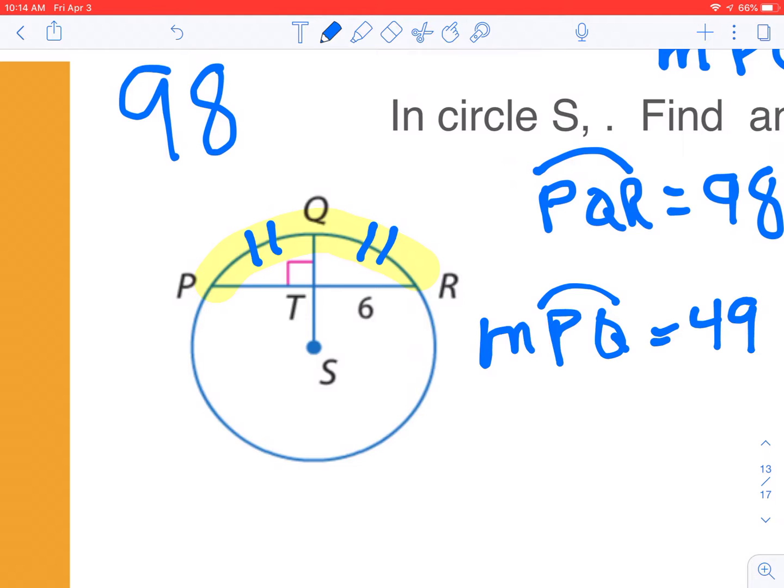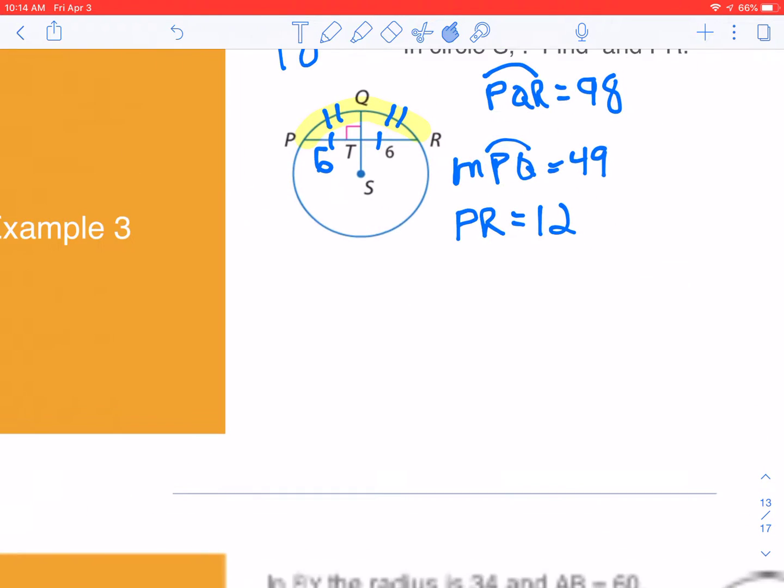And then it says to find PR. Well, I know that because these two are congruent, perpendicular bisector, PT is 6, and then I do 6 plus 6, and I get 12. Okay, so that's the most basic problem we're going to see. Let's try another one. Next slide.